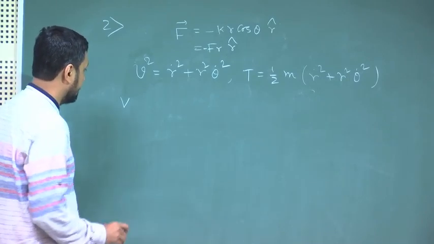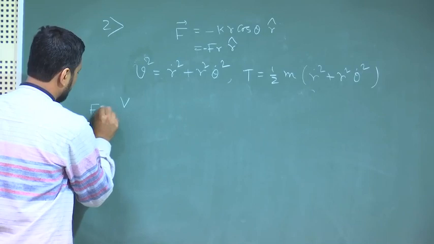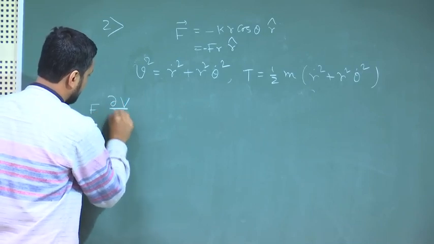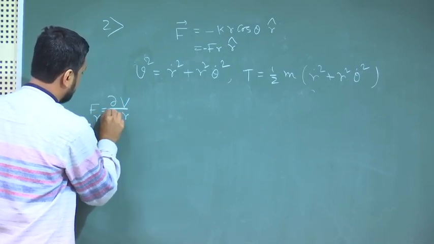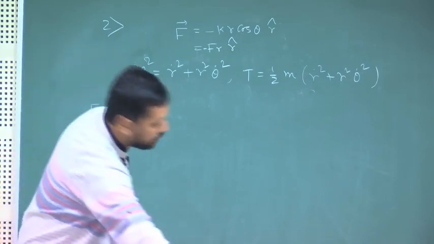V is the potential energy, and please remember that F r is equal to minus del V del r.